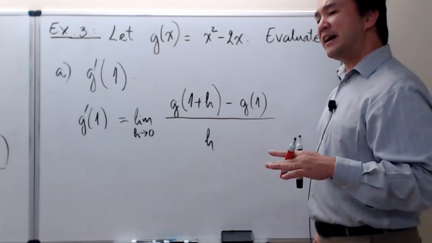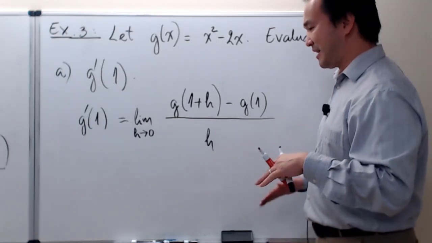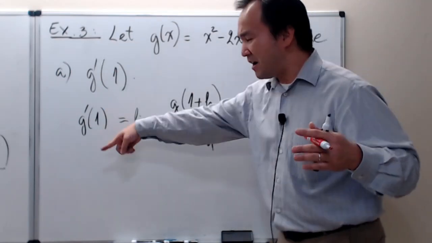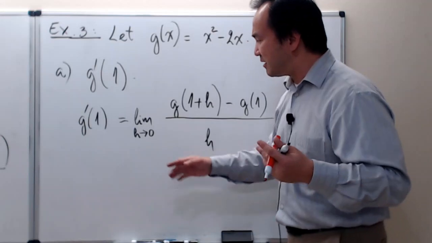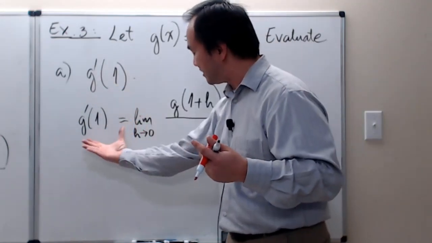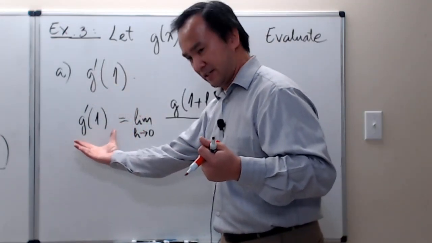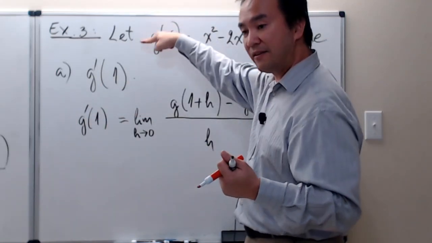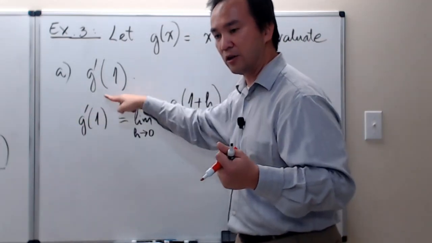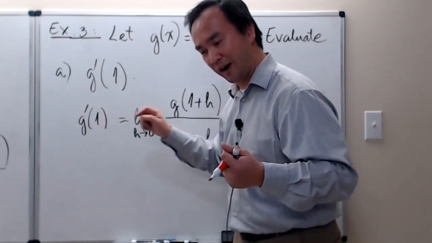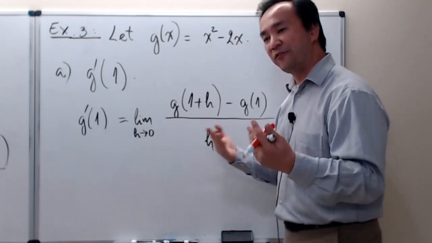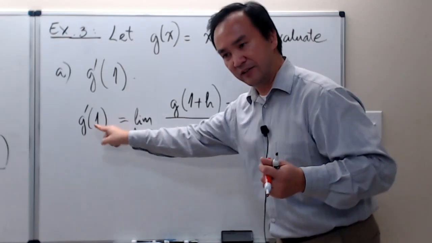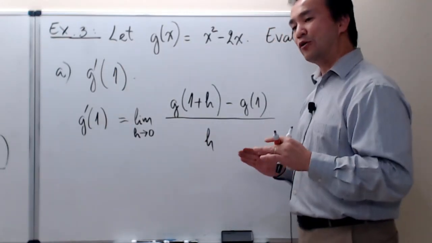And by the way, I will constantly remind viewers that derivatives, g prime at 1, f prime at 1, g prime at 2, are in the end meant to be the slope of the tangent line. If we can see the graph of this function, this is the slope of the tangent line at x equals 1. Any derivative of any function is the slope of the tangent line to that function at the specific given point. So never lose your ultimate purpose.